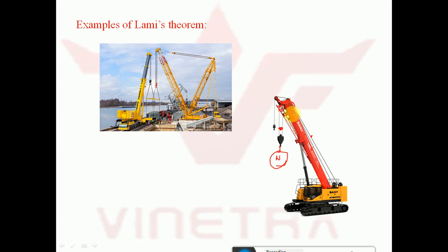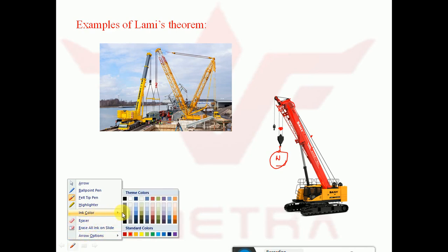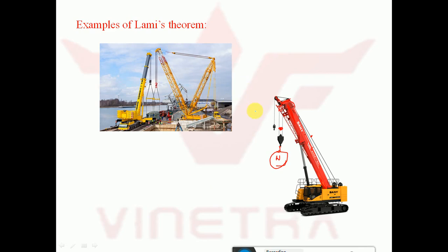So the forces acting will be, I will change the color here. So see here, for compression, what I have shown, the symbol is to be shown at the point of application of force.